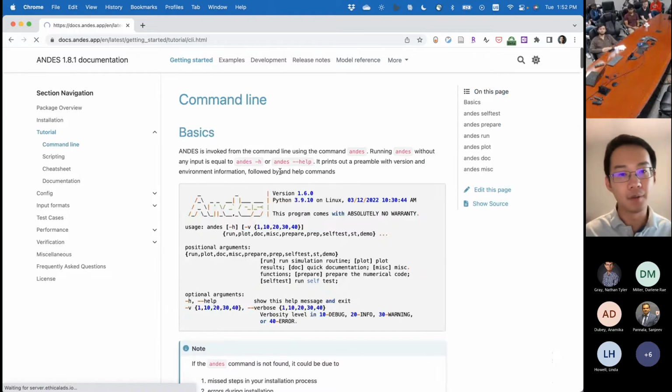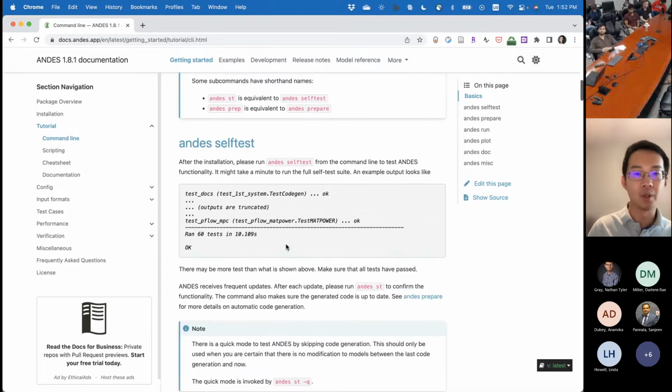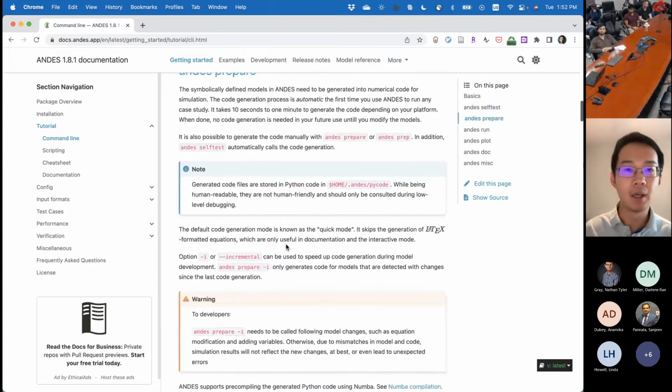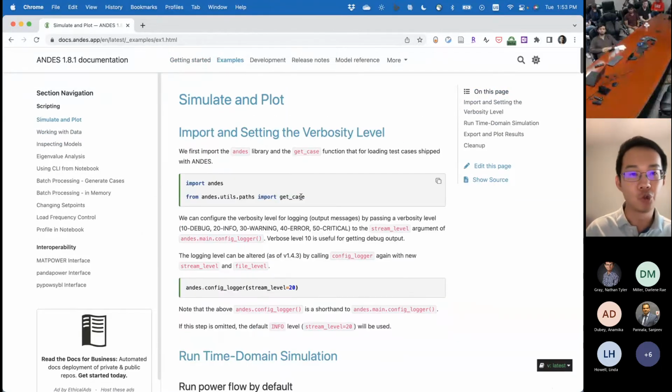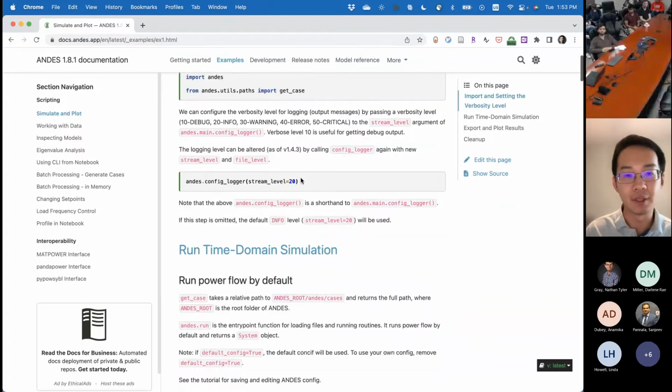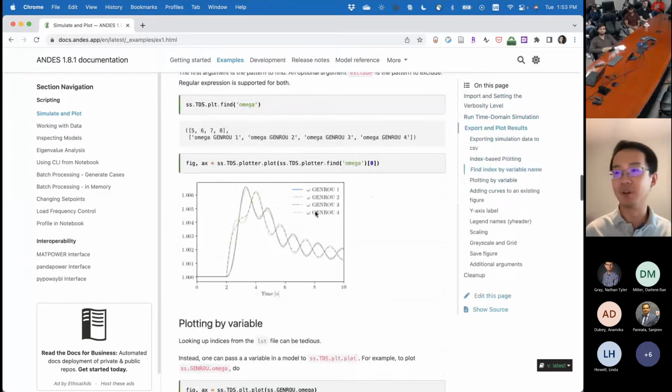There are commands and code for doing the examples, and we also have examples for you to play with. For example, these are Jupyter Notebook examples. You can download them, set it up, and immediately run on your system, and you will see the results immediately by running those commands.